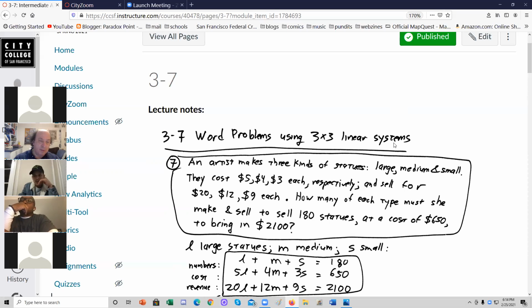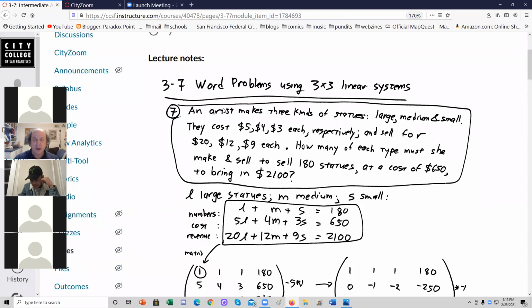Okay, word problems. The math we covered last time, although, like I say, it's a slog in a 3x3 system, and the hard part is translating from the words to the algebra. Here's an example. An artist makes 3 kinds of statues: large, medium, and small, and they're asked how many of each. So there'll be L large statues, M medium statues, and S small statues.